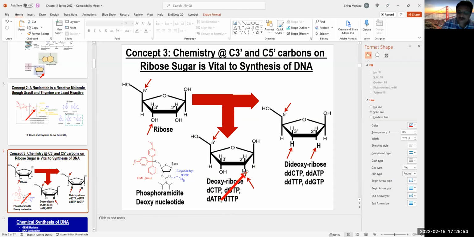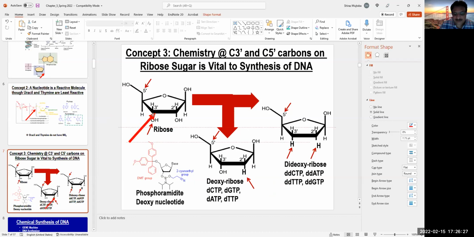Now I want to introduce a very important molecule here. This is called dideoxyribose. The second carbon atom without oxygen is called deoxyribose. Whereas if both carbon number 2 and carbon number 3 lack oxygen atoms, then they are called dideoxy.